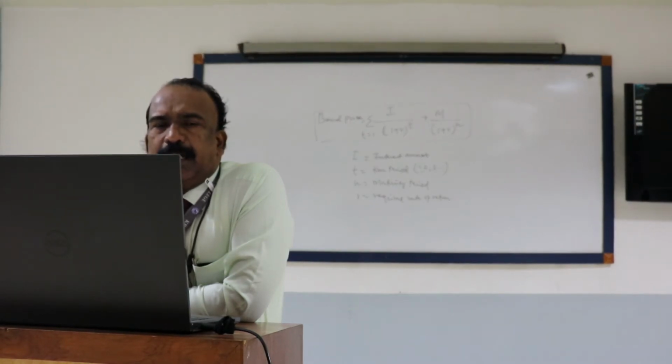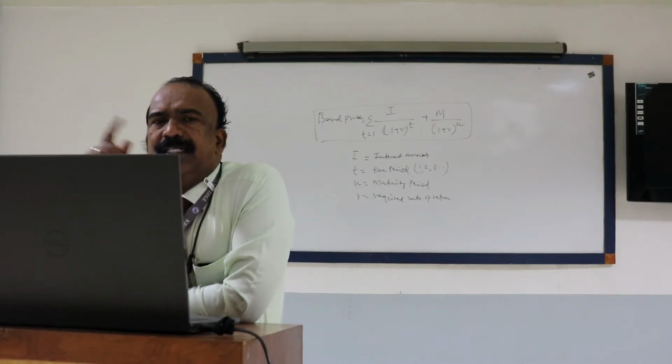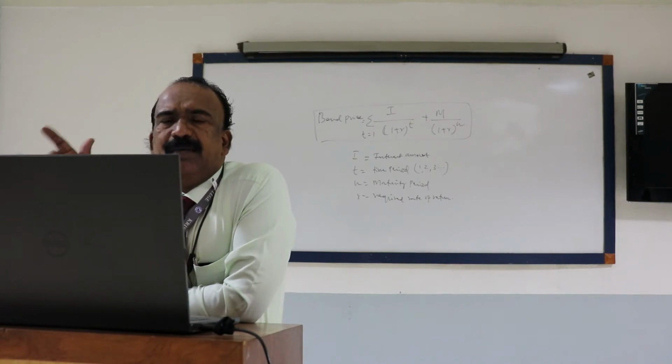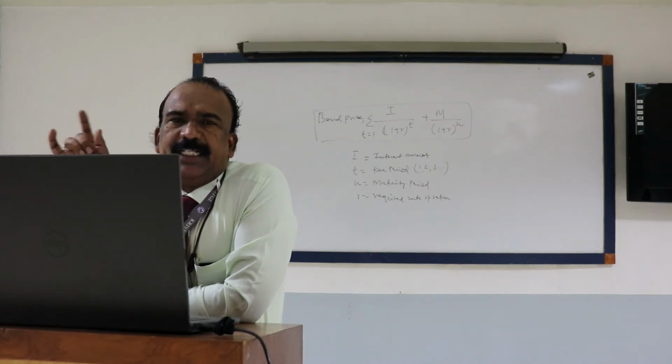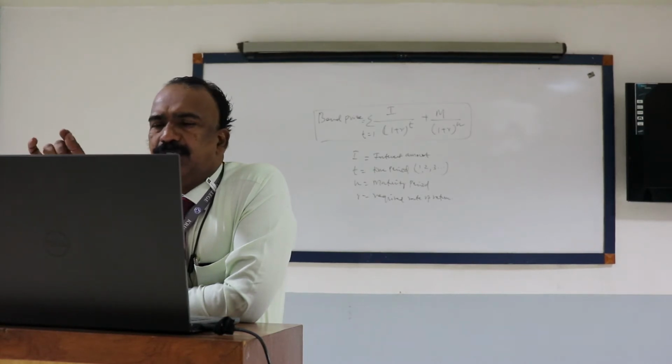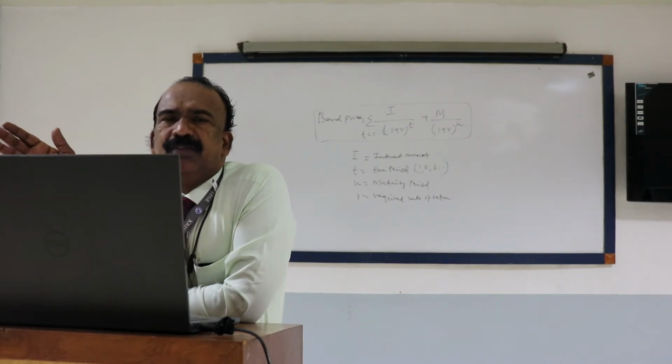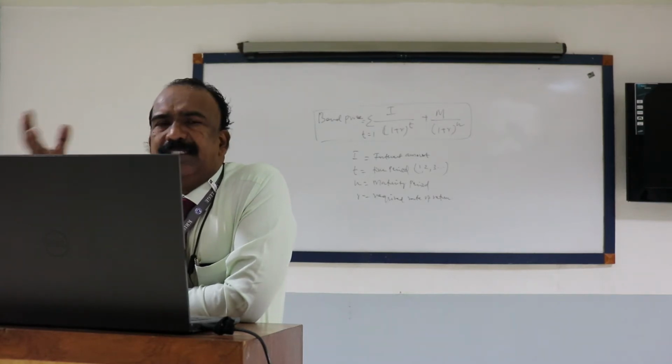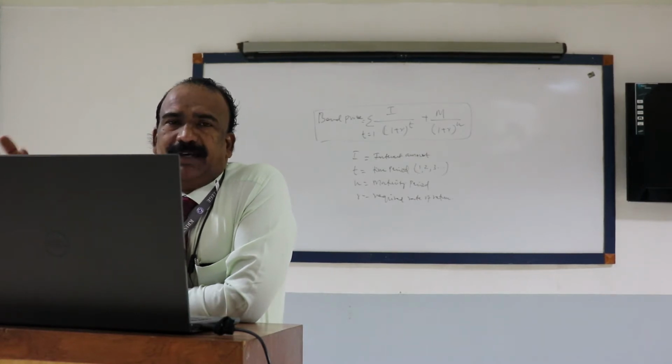Got it? Now, what is the interest amount? The interest amount is 6.5% on 1,000 rupees. So that means 6.5 divided by 100 into 1,000, 65 rupees. 65 is the interest amount. The required rate of return is 3.9%. That is the expected rate of return by the bondholder.